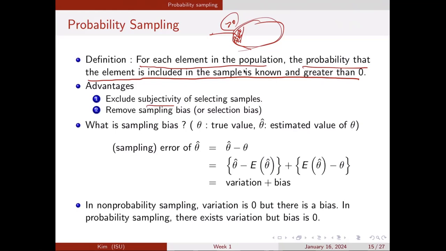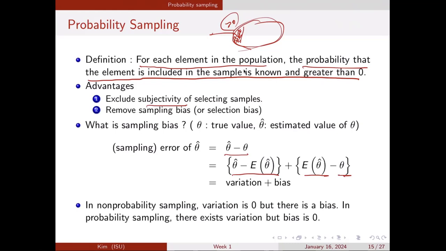So what is the bias, by the way? This is the error, right? The error can be decomposed into two parts. One can be called the deviation, the randomness from its mean, and then the other is the mean, the infinite average of the random variable, minus the parameter of interest.